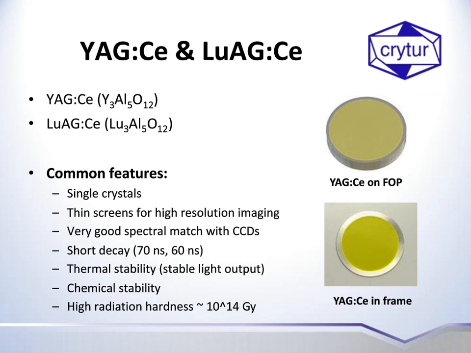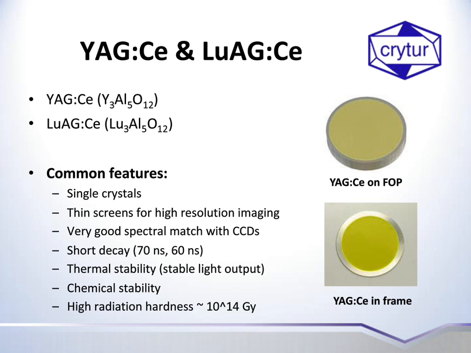These are the yellow scintillators, where the scintillation emission wavelength is in the yellowish and greenish part of the spectrum. What are their common features? First of all, they are single crystals, so if you manufacture a very thin screen, they provide very high resolution imaging because there is no scattering inside.